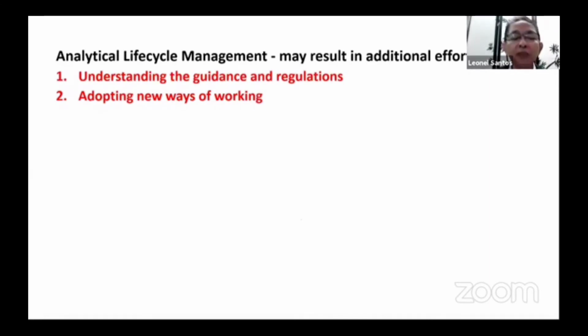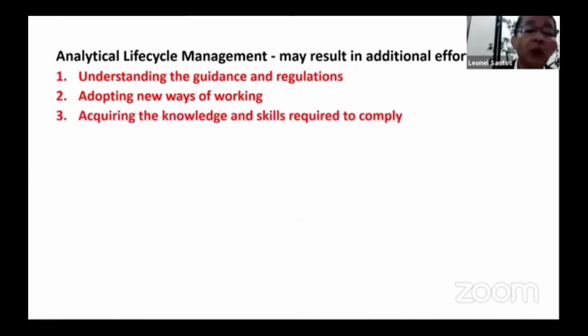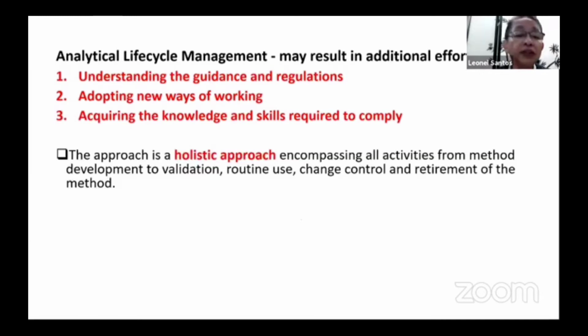It may change based on this new proposed general chapter. And then finally, acquiring the knowledge and skills that are required to comply. With this new proposed general chapter, people may be required to know more about statistics, design of experiments, quality by design, and risk assessment of different situations.